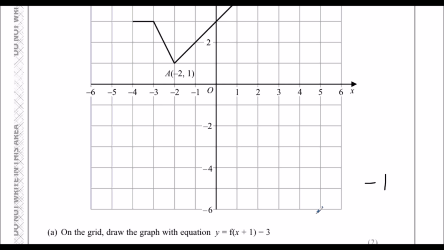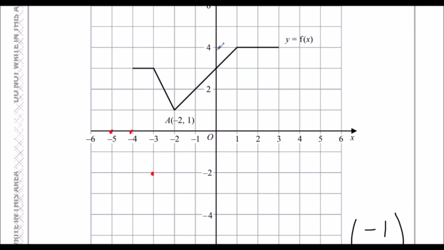Minus 1 in the x direction. And outside the bracket changes the y, and it does what it says. So it's going to go down 3 in the y direction. So we're moving this graph left 1, down 3. So each point is going to go left 1, down 3. Left 1, down 3.